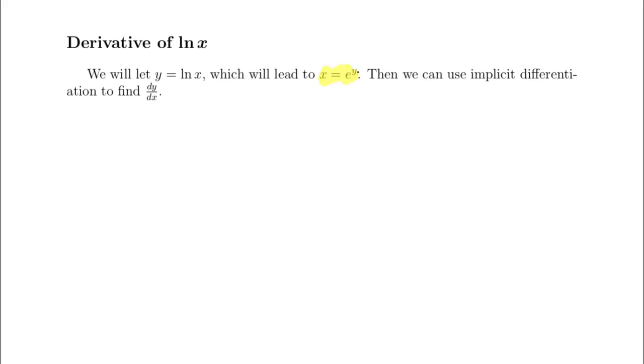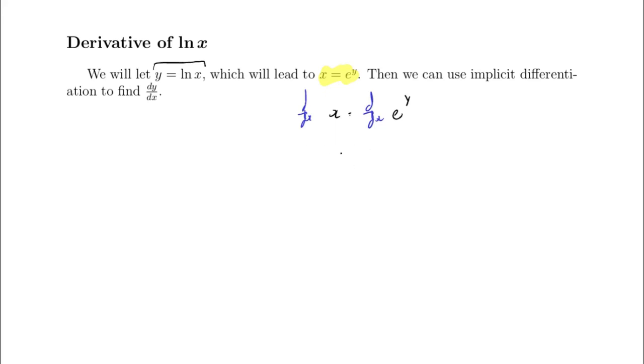Because this equation represents the same relationship between x and y as this first function natural log of x does, then what we can do is just say if x equals e to the y, then d over dx of x is equal to d over dx of, oops, not e to the x, e to the y. There we go. And now, again, just use implicit differentiation.